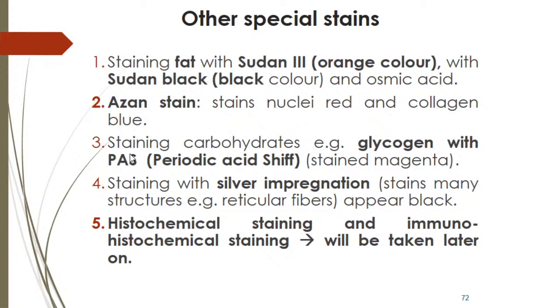Also, stain carbohydrates with glycogen with periodic acid Schiff for identification of glycogen, stained magenta. Staining with silver impregnation stains many structures like reticular fibers, and also nerve cells appear black, and histochemical staining and immunohistochemical, which we just started a little late.